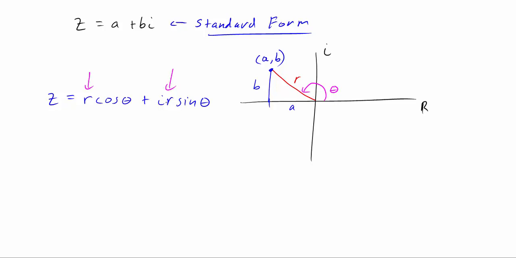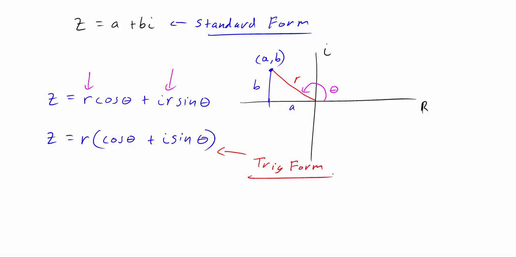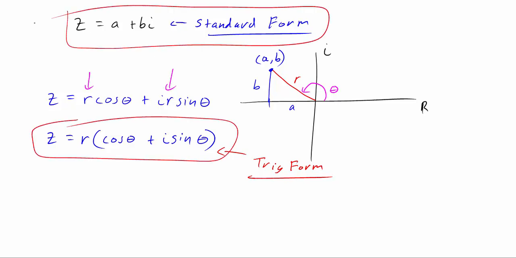Another way to write this is to factor out the r value, and we could write z is equal to r times cosine theta plus i sine of theta. Okay, and this here is your trig form of a complex number. So here we have the trig form, and up here we have our standard form.